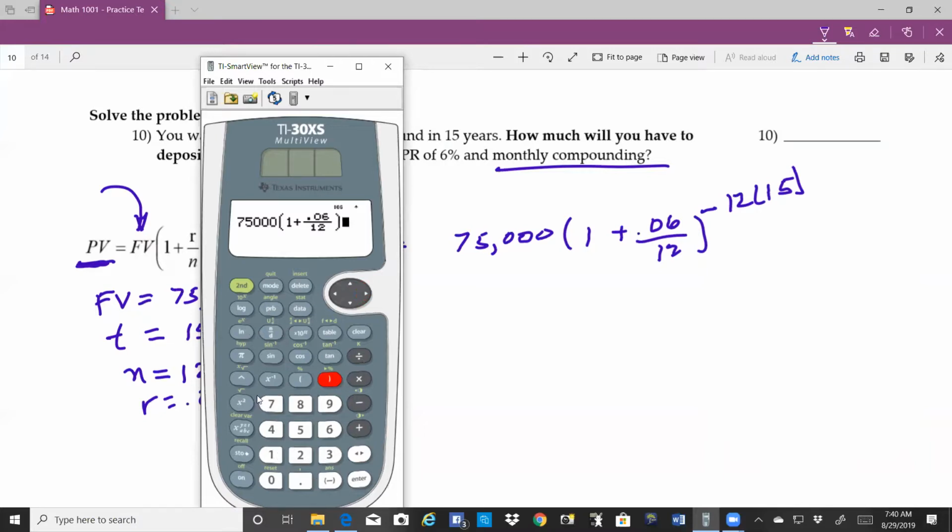And we're going to go to the negative, and I'm just going to let the calculator multiply 12 times 15.